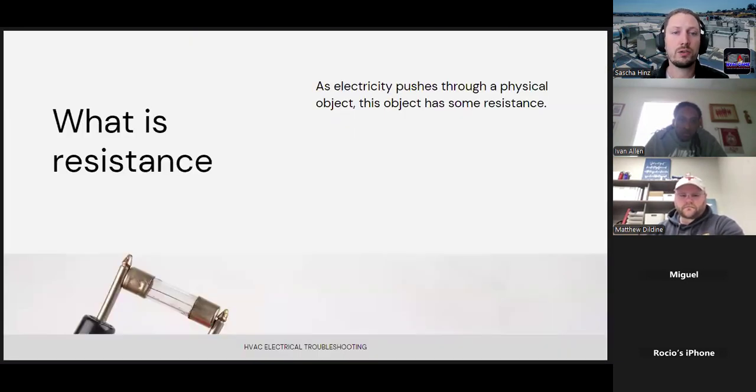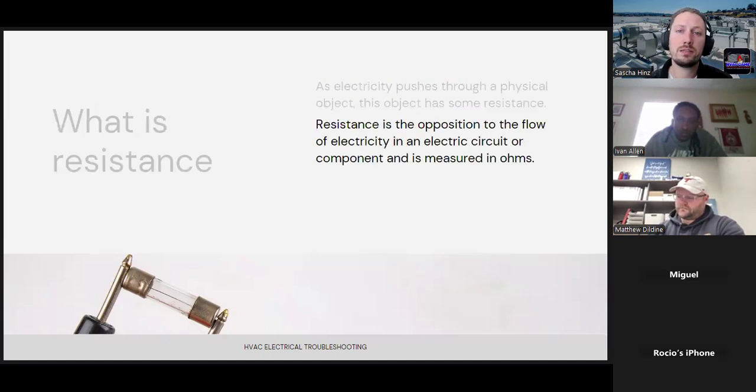Lastly, we're going to go into resistance. And what is resistance? Basically, as electricity pushes through any physical object, that object will have some form of resistance. Resistance is the opposition to the flow of electricity in an electric circuit or component and is measured in ohms.